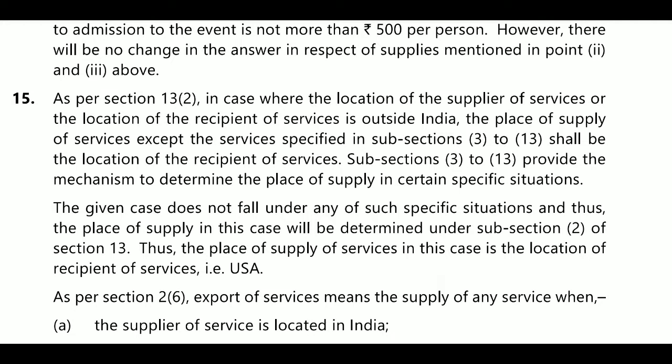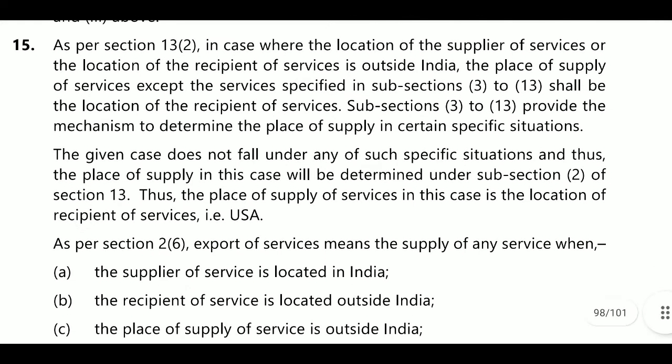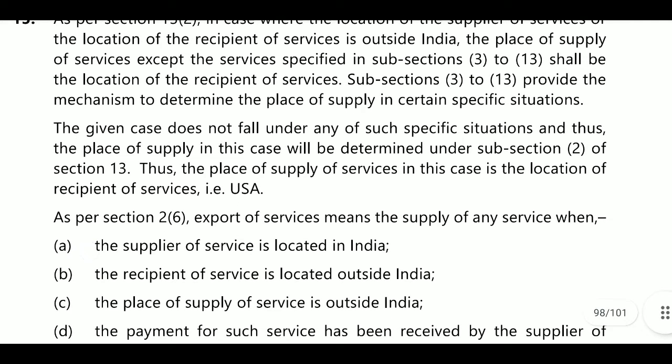In case the location of supplier of service or location of recipient of service is outside India, and in our example the location of recipient is outside India, the place of supply of services, except the services specified in subsections 3 to 13, shall be the location of recipient of services. Subsections 3 to 13 provide the mechanism to determine place of supply in certain situations. The given case does not fall under any specific situation.